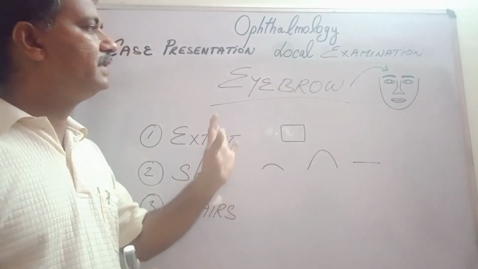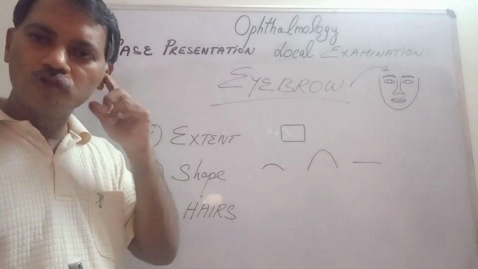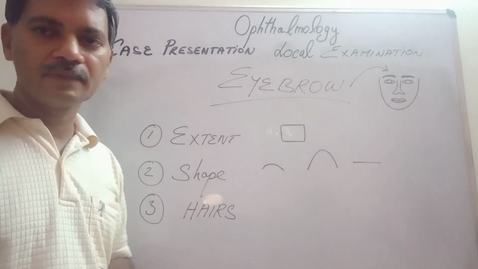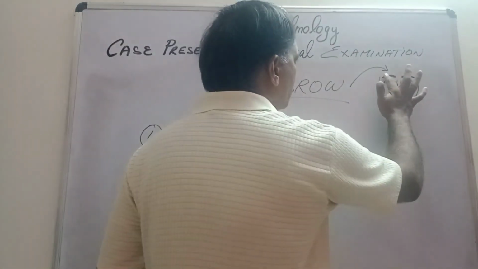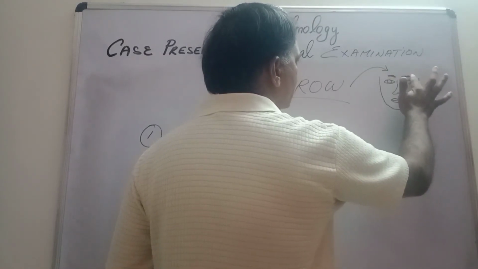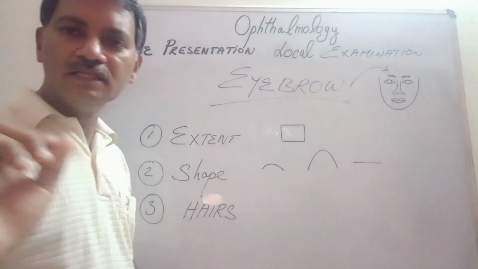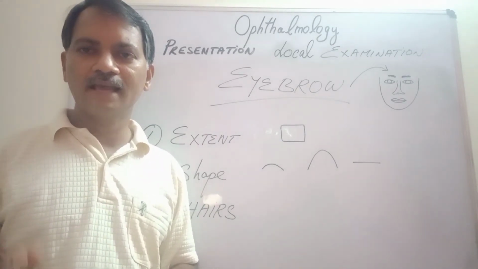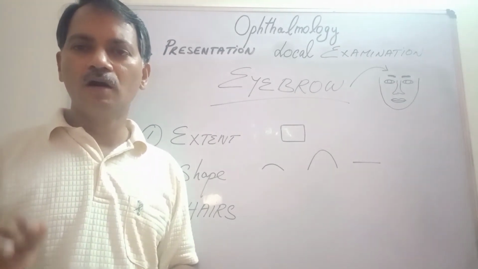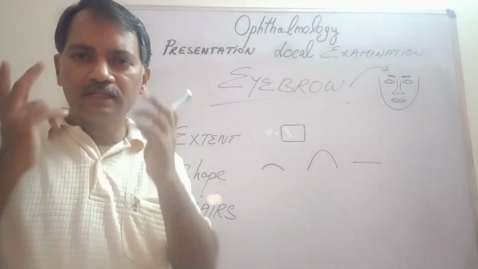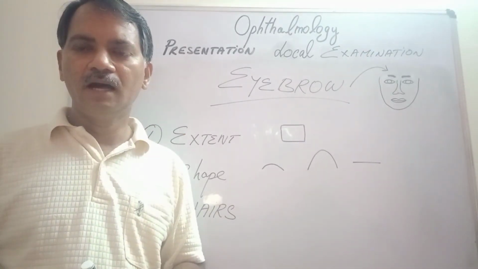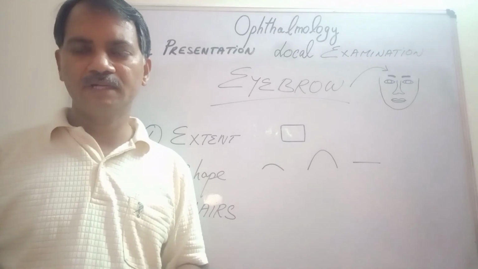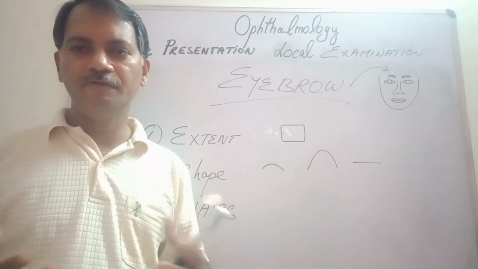The extent of the eyebrow may also be altered. Sometimes the eyebrows may be lost on the lateral aspect. This is classical of a disease, Hansen's disease or leprosy, in which the lateral portion of the eyebrows will be absent. That is called leonine facies.